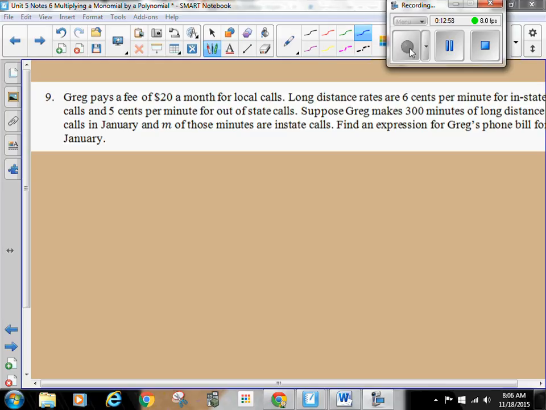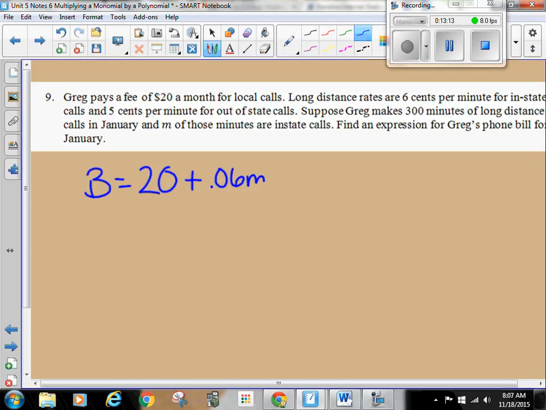Okay, so for his bill, let's have B for bill, he pays $20 a month for local calls. Doesn't matter how many minutes. So he already has that $20 flat fee. Plus, he's going to pay 6 cents per minute for in-state calls, plus 5 cents a minute for out-of-state calls.